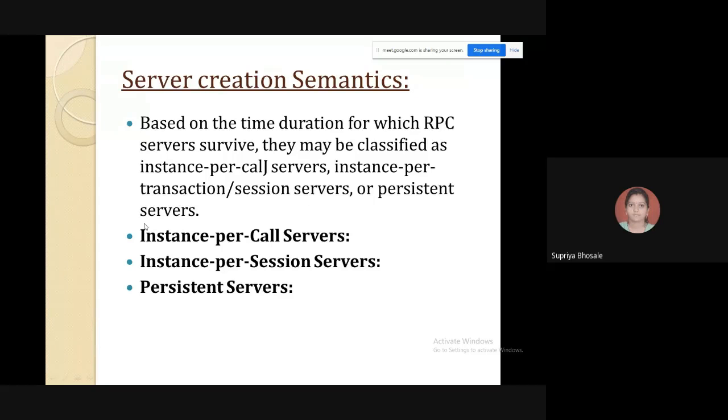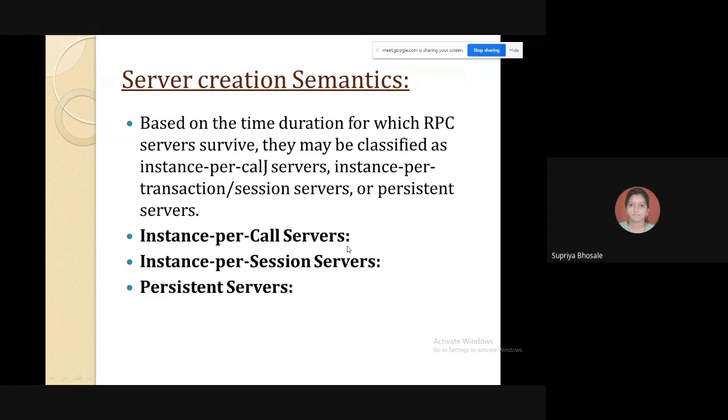The first is instance per call servers. Servers belonging to this category exist only for the duration of a single call. One particular call is coming from the client for that procedure only.